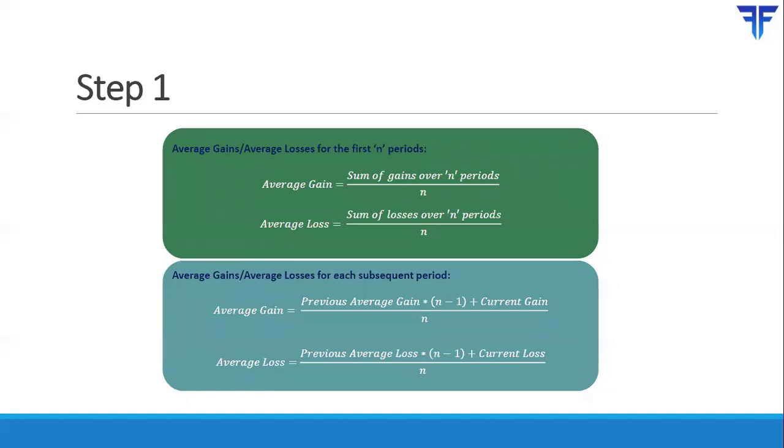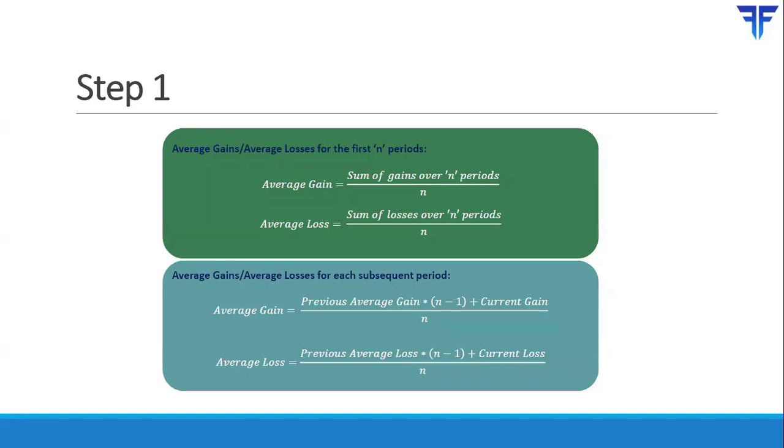Now, as I said, in the first step, you need to calculate the average gains and average losses. The first average gain and the first average loss you calculate would be based on the simple average formula. So the first average gain that you calculate will be nothing but the total gains over the past n periods, which in our case is 14, divided by 14.